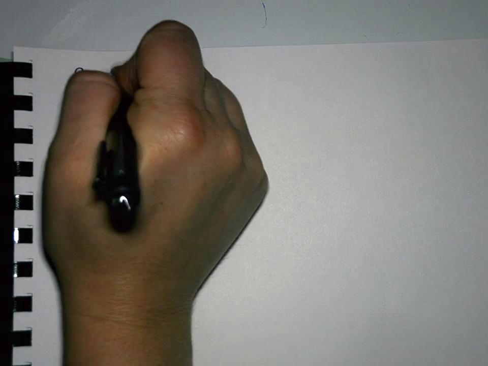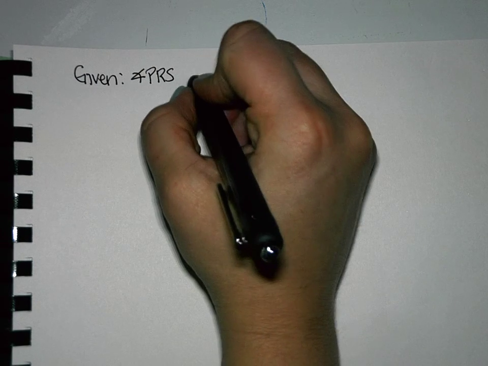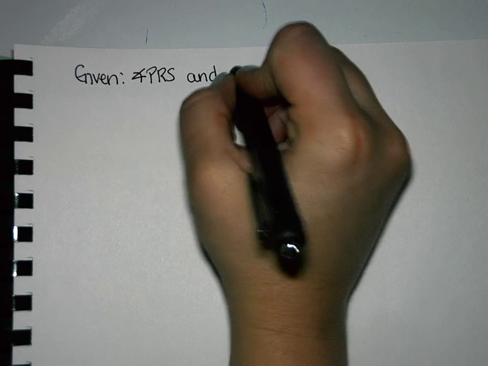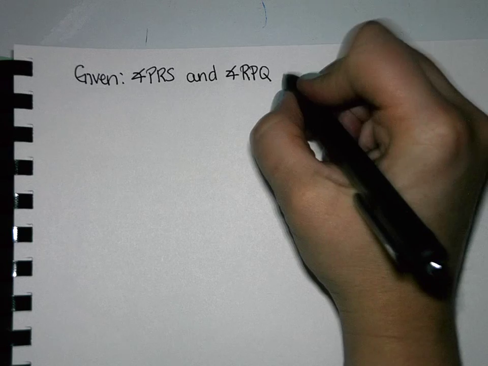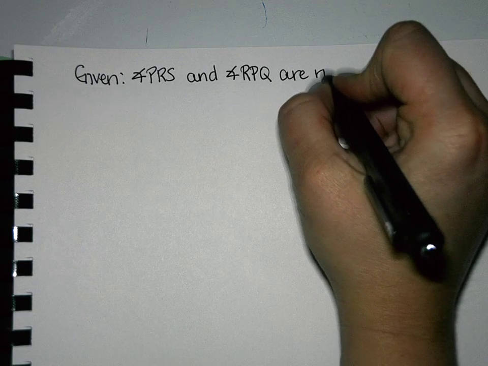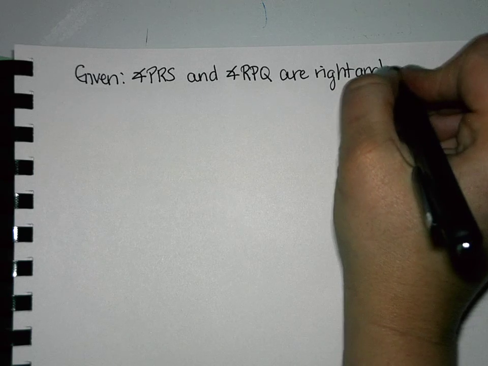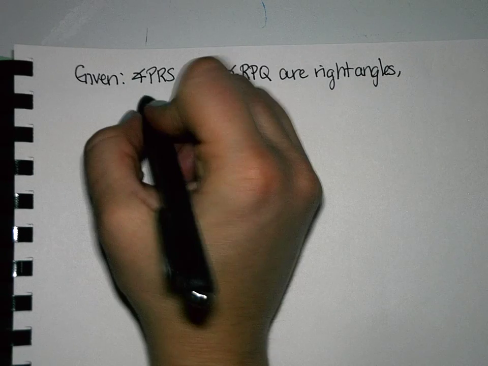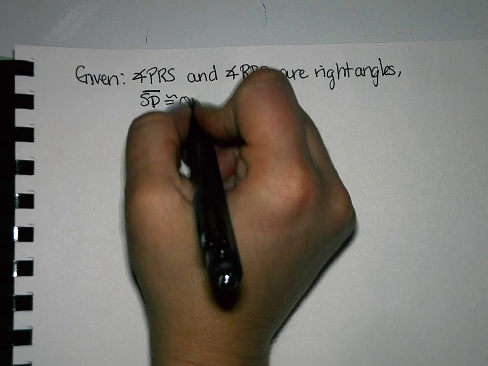All right, so for our proof, we're going to be given angle PRS and angle RPQ are right angles, and SP is congruent to QR.